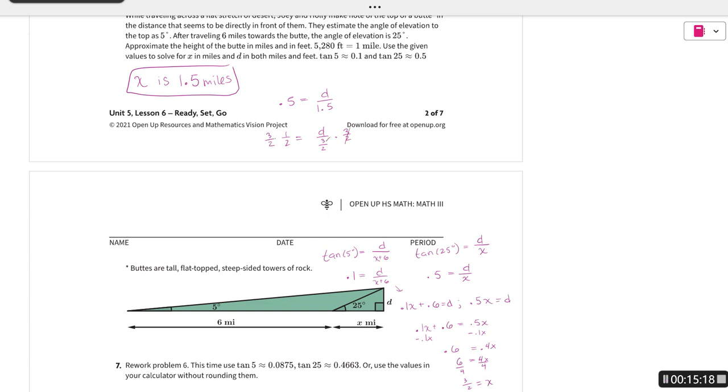That's going to get rid of my 3 halves there. So I'm left with 3/4 for d, which is about 0.75. Now remember, this is in miles, since this right here is miles. So d is 0.75 miles.